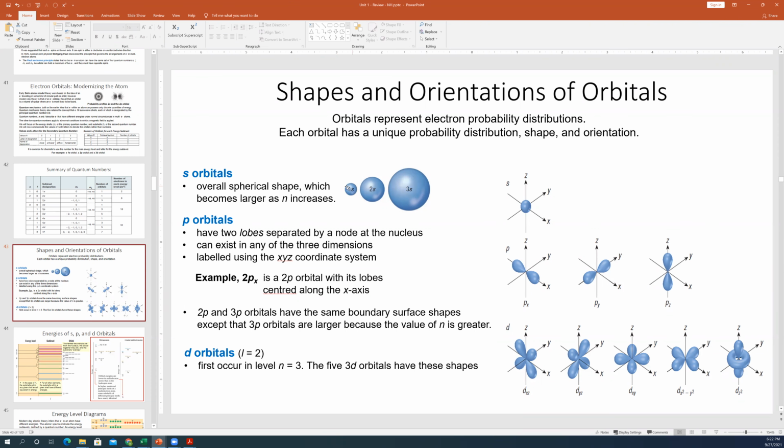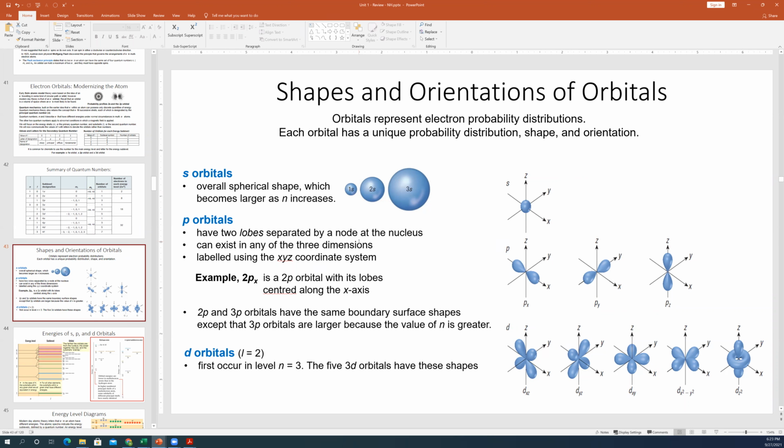So a 1s orbital for n is equal to 1 would be a smaller orbital, remaining closer to the nucleus. And as n gets larger, the electron has a probability of being farther away from the nucleus. This spherical electron cloud gets bigger, and the electron might be spending more time, with more probability of being farther away from the nucleus in a 3s orbital than in a 1s orbital. Are we okay so far?